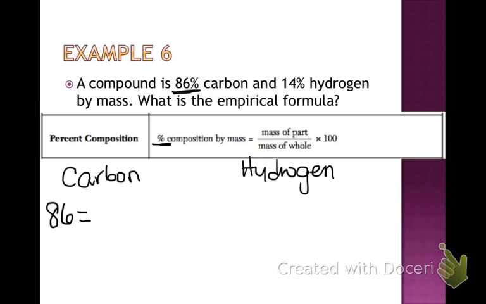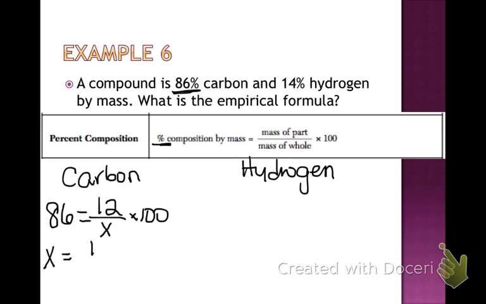and we have the mass of the part over the mass of the whole. So the mass of the part is just going to be what the molar mass is. So the molar mass for carbon is 12. We don't know the mass of the whole yet, that's our unknown, and then we'll multiply this by 100. So let's rearrange our formula so we get x by itself.